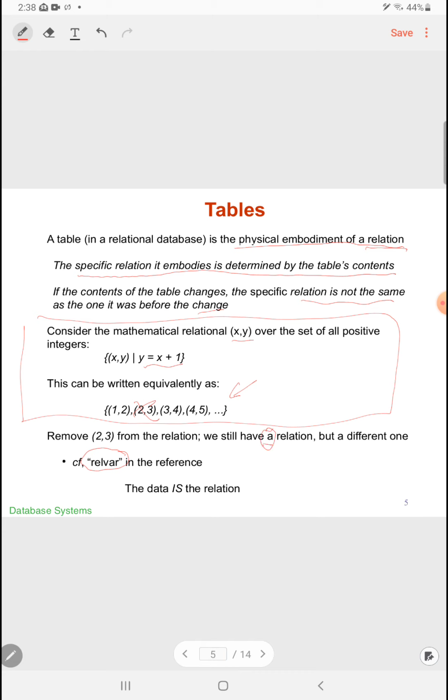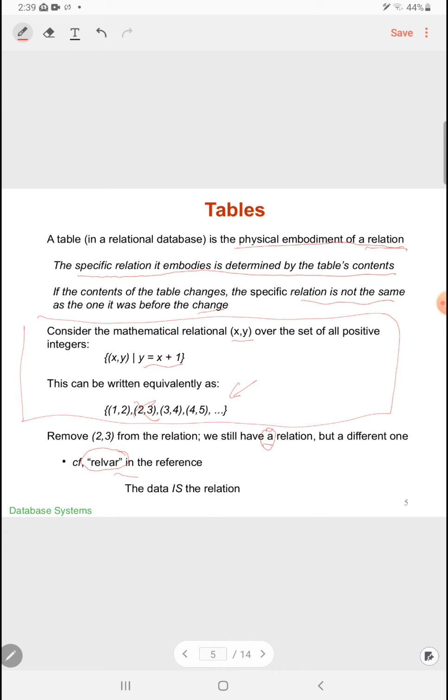It's not the same relation. It's no longer the relation xy such that y is x plus 1. It's now something more like xy such that y is x plus 1 and x is not equal to 2. Okay?